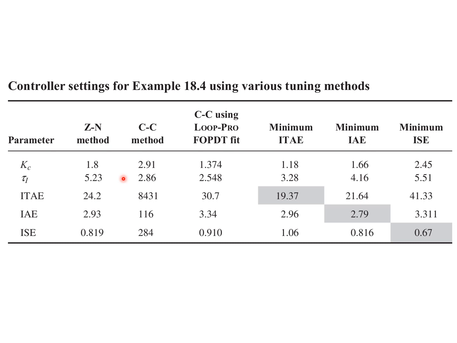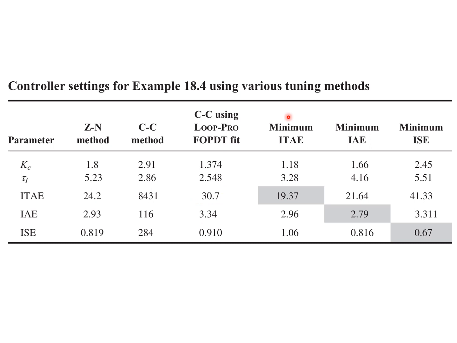In this case, it's disturbance rejection, keeping the set point fixed. So you calculate the dynamic criteria: ITAE, IAE, ISE for the Ziegler-Nichols method. For Cohen-Coon method 1, you calculate the ITAE, IAE, ISE. For Cohen-Coon method 2, you calculate the ITAE, IAE, ISE.